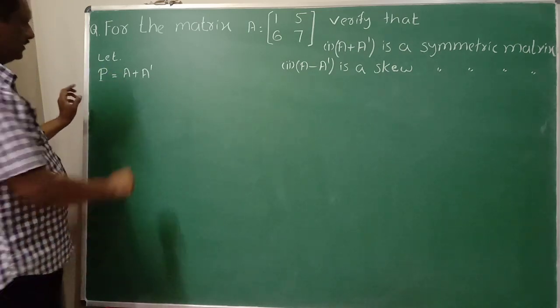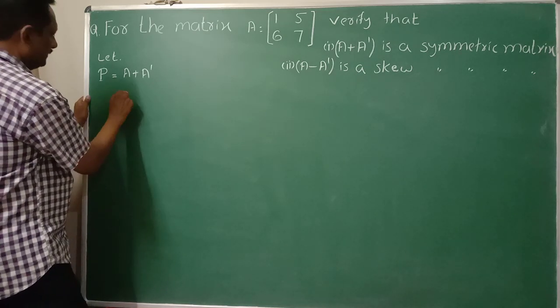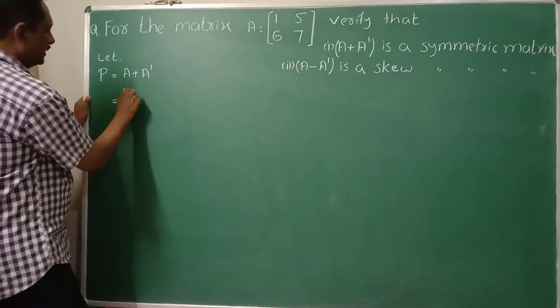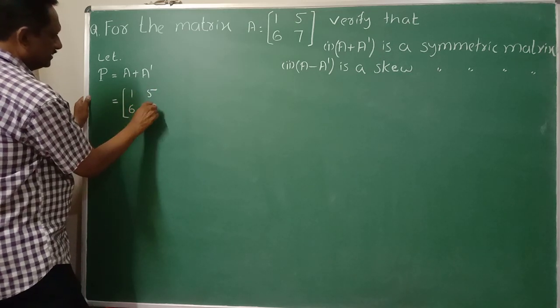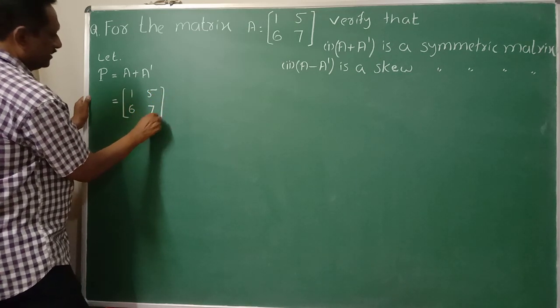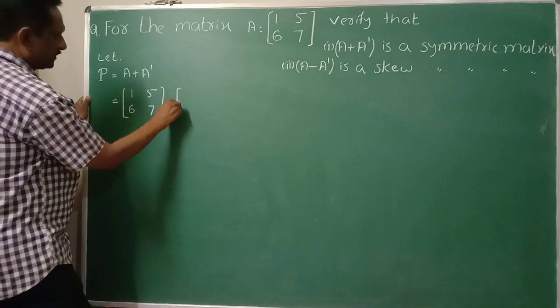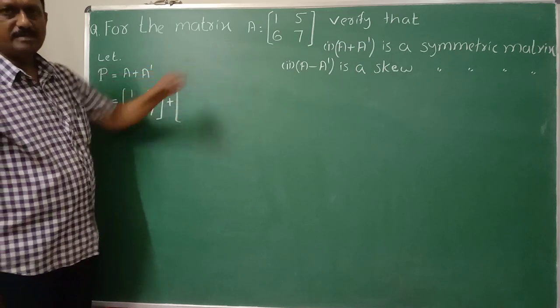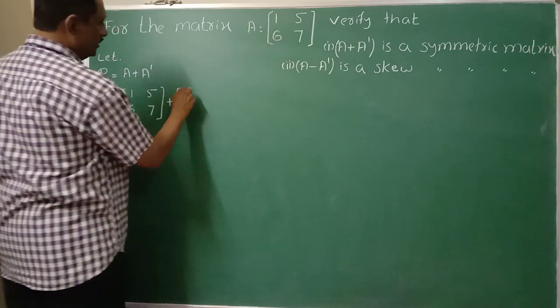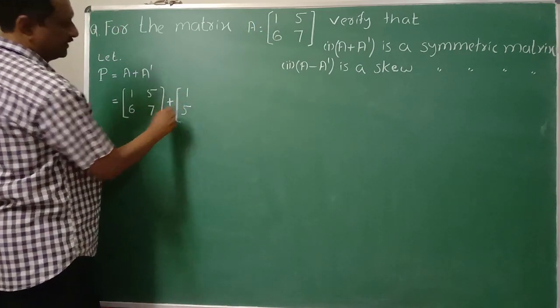Then this is equal to A, the matrix [1 5; 6 7], plus A dash, the transpose of this matrix: 1 5 written in the column.